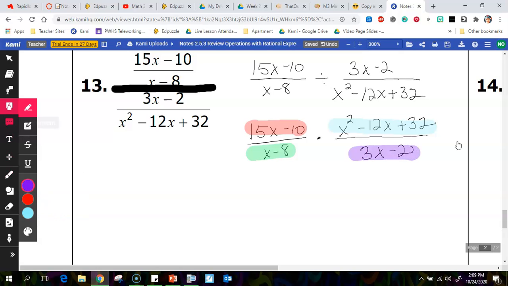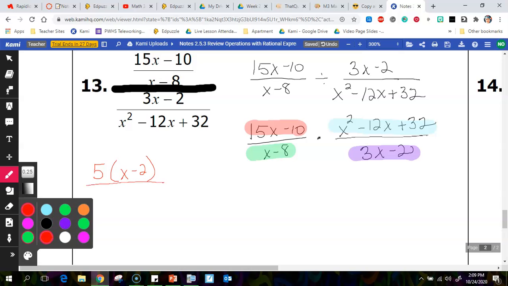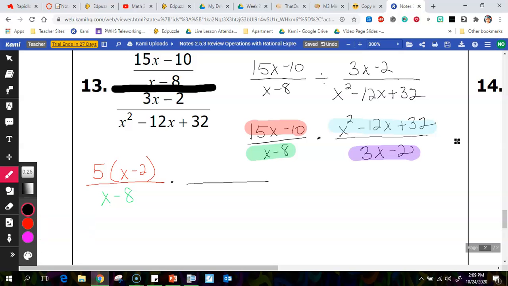Okay, the red part, I can take out a 5. The green, I can't do anything to it. Just going to rewrite it. The teal, that factors to x minus 8, x minus 4.